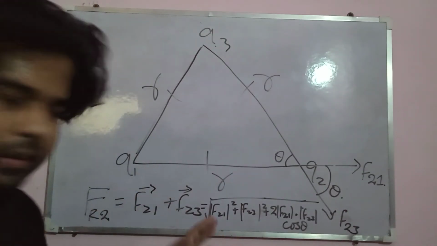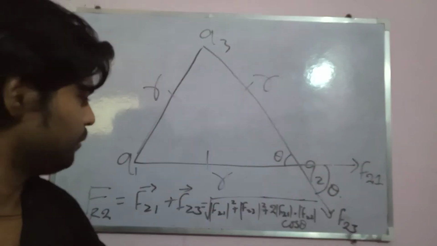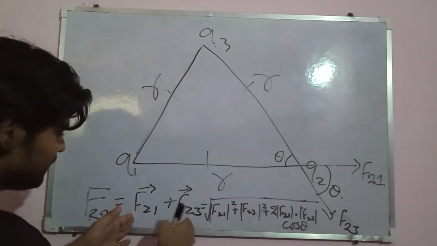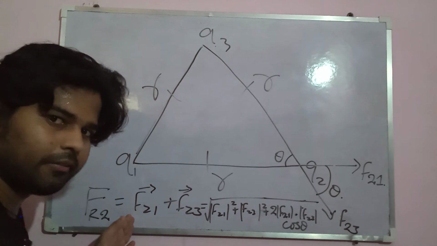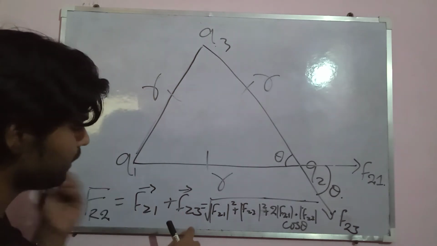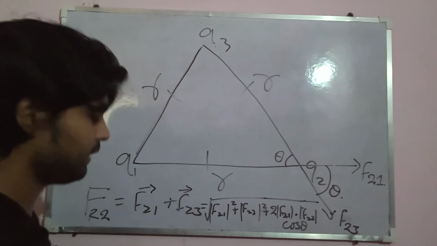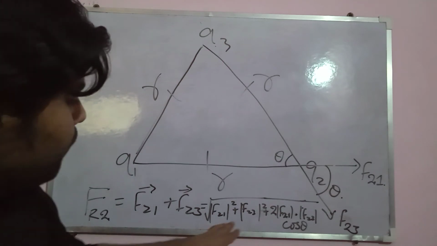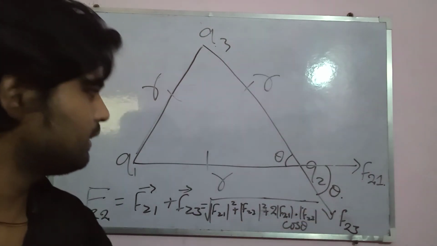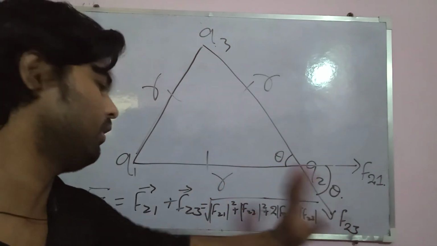So this is our resultant force on Q2. Actually, this is the addition of these two forces, but the forces are vector quantities, so addition must be done with vectors, not scalars. So we have to find the addition of these two forces by the parallelogram law.